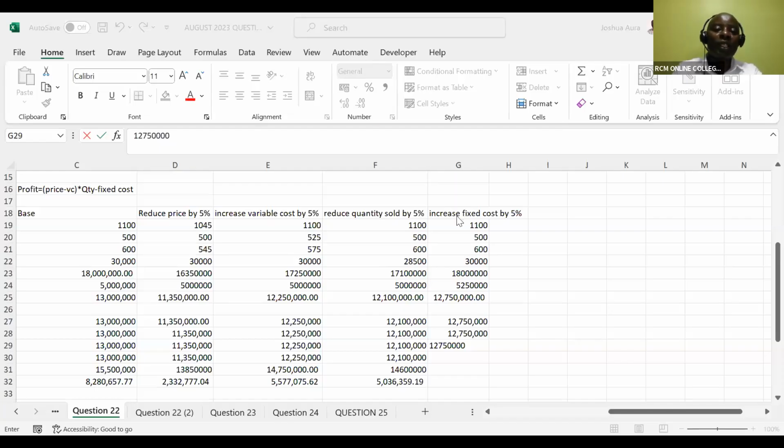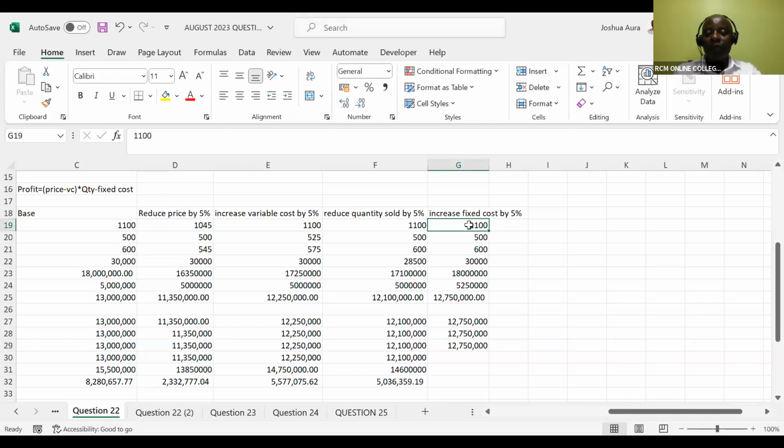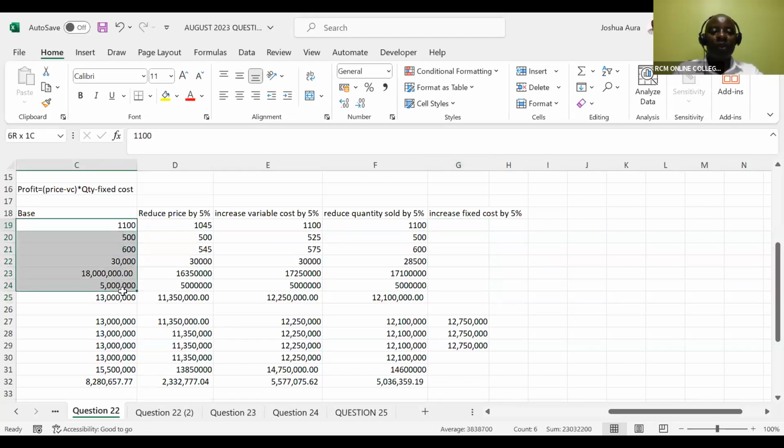Okay, so we are increasing this fixed cost by 5%. So basically what I've done here, I came first of all and took the base figures, Control C. Then I came and pasted them here.